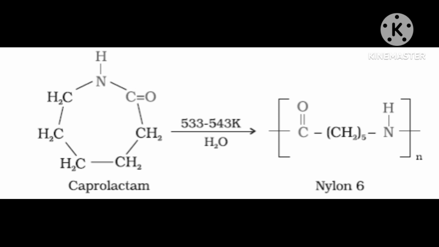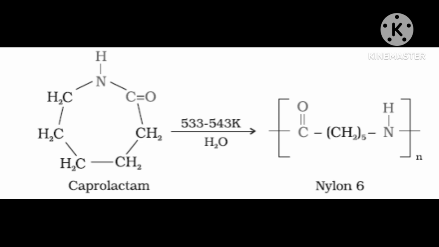It is manufactured by heating a mixture of ethylene glycol and terephthalic acid, or sometimes you can say phthalic acid. Tere means 4 here. Terephthalic acid, at a temperature of 420 to 460 Kelvin in the presence of zinc acetate and antimony trioxide catalyst. Okay, here what catalyst is required?